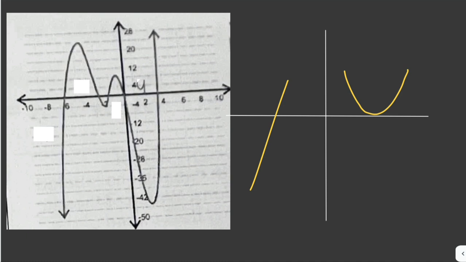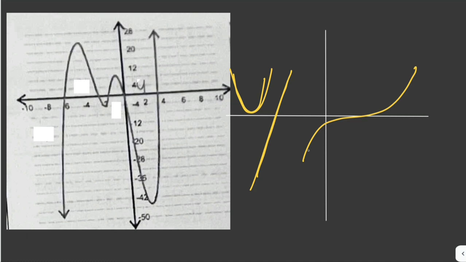Say for example, your graph looks like this. Okay, so this one is a zero with multiplicity of 3. These are the three common behaviors of a graph of a polynomial. So we have the single zero when the graph crosses the x-axis, and we have zero with multiplicity of 2 if the graph touches and bounces off the x-axis.